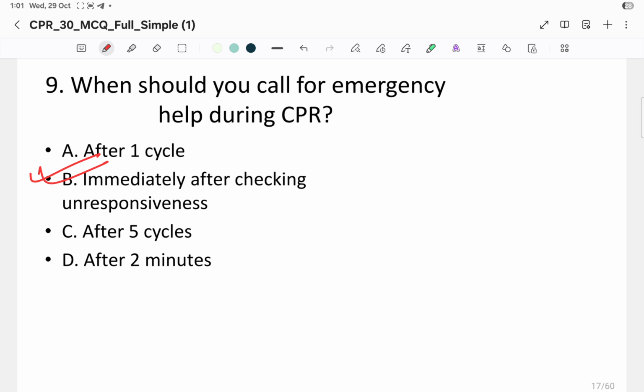So these are the 5 steps of BLS guidelines. So the correct answer is option number B, immediately after checking unresponsiveness we have to activate emergency medical services.